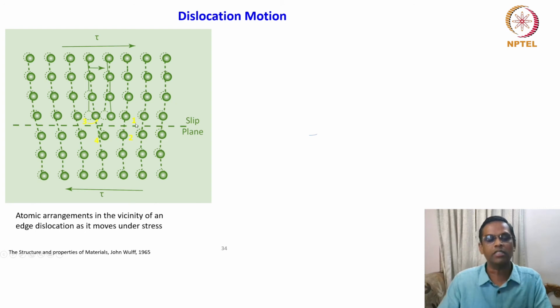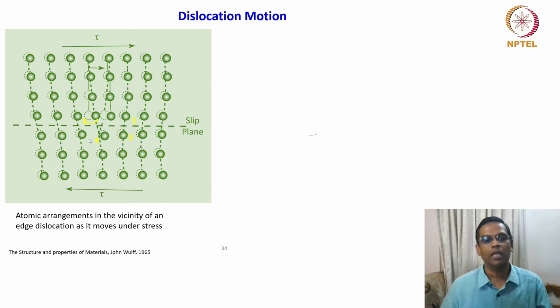This is with respect to the motion of atom 1 relative to 2 and 4, which move in opposite directions. That means the elastic stored energy holding atom 1 in that position and 2 and 4 in theirs should be balanced by the application of shear stress. That is the idea.